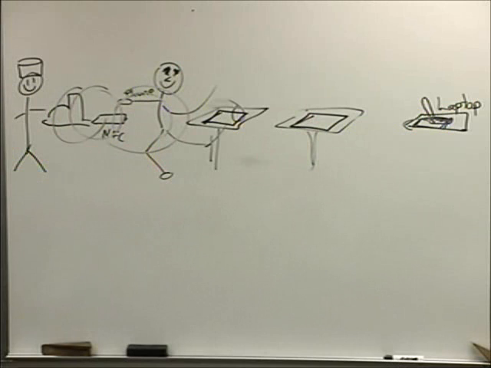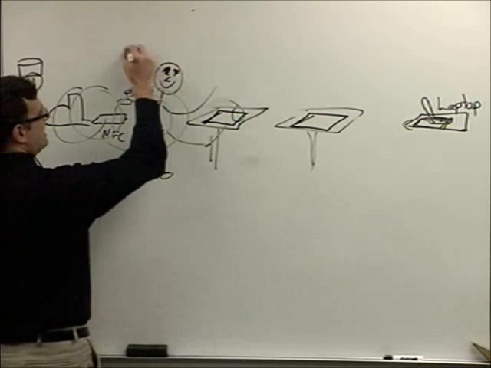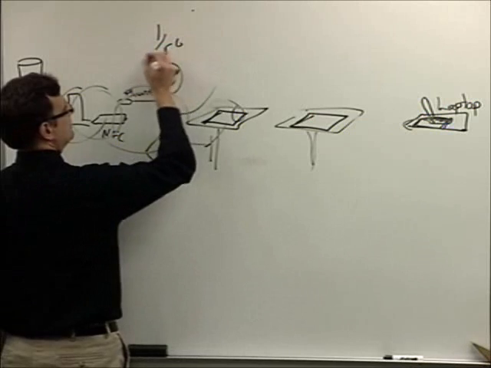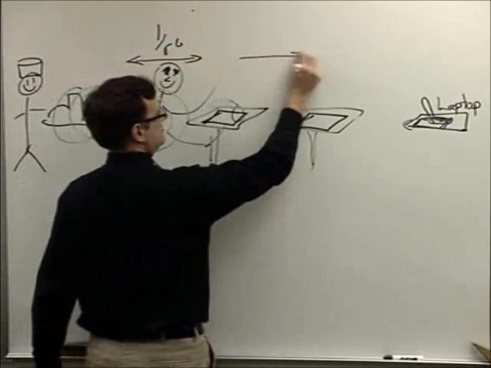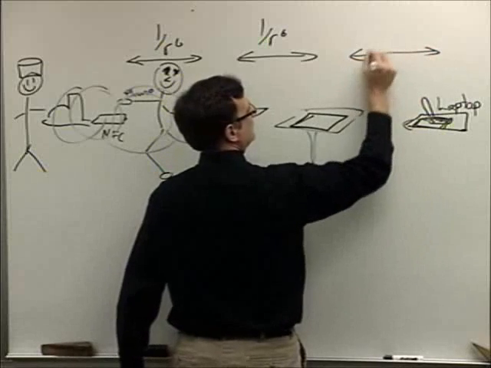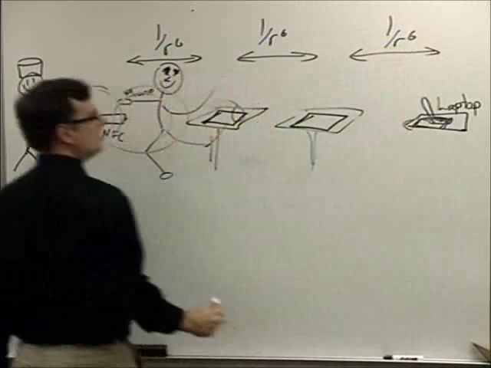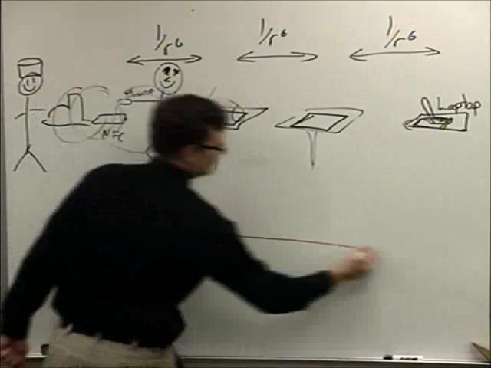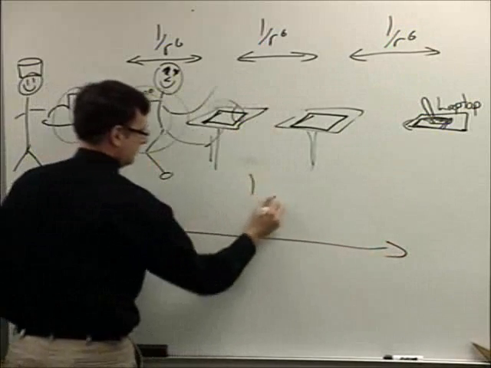So you short circuit this guy and then you tune it so it resonates at 13.56 megahertz. And then you put them under the table. And it turns out that 1 over r to the 6 coupling between the shorter distances is much less lossy than trying to do the whole thing.